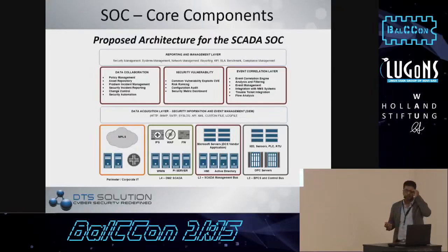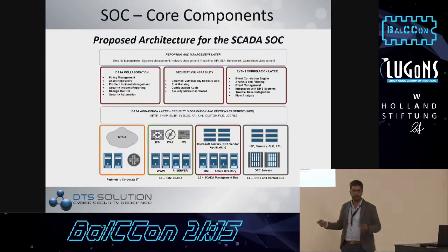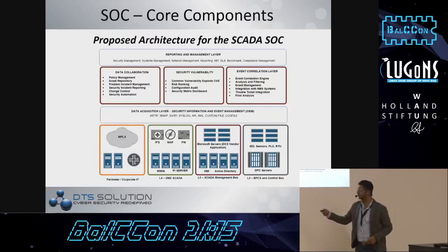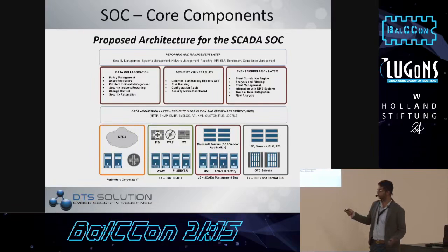So typically, in building a SOC, this is the kind of architecture we're talking about. So you have your perimeter network, whether it's MPLS or VPLS or private links. But this is the corporate IT infrastructure, which then connects to your layer 4 DMZ of the SCADA, which could typically be segmented through a firewall where you have web services running, for example, antivirus update servers and the PI servers.